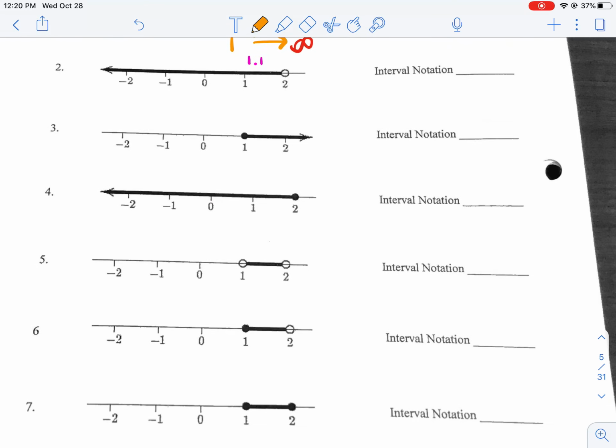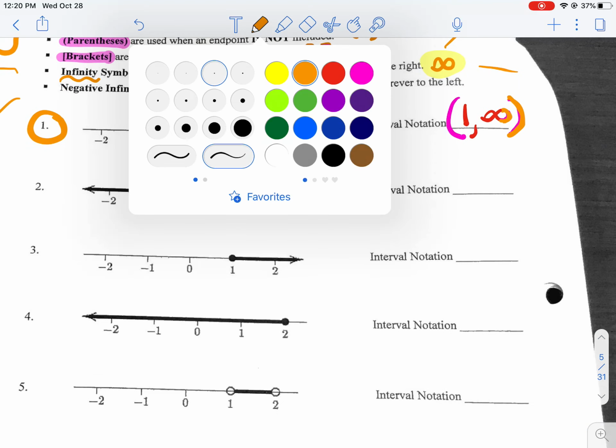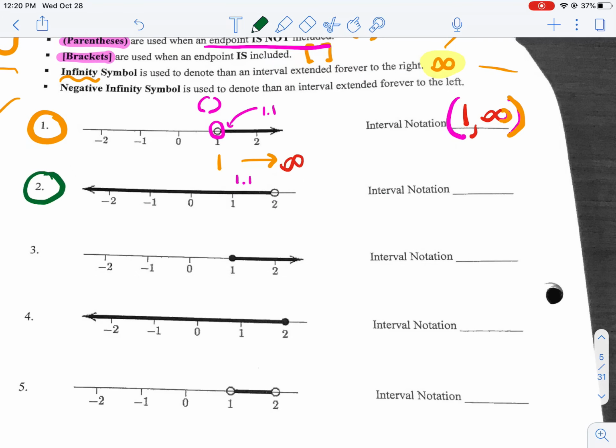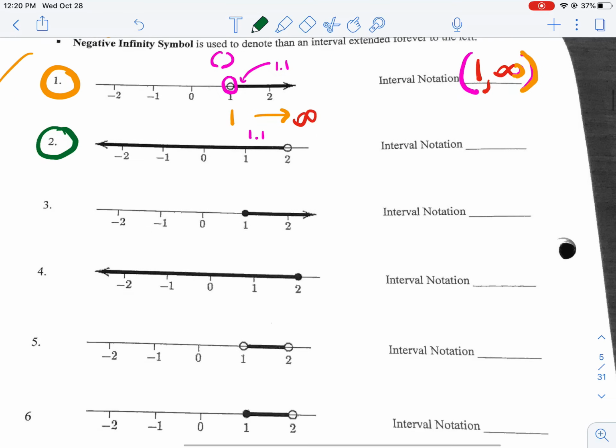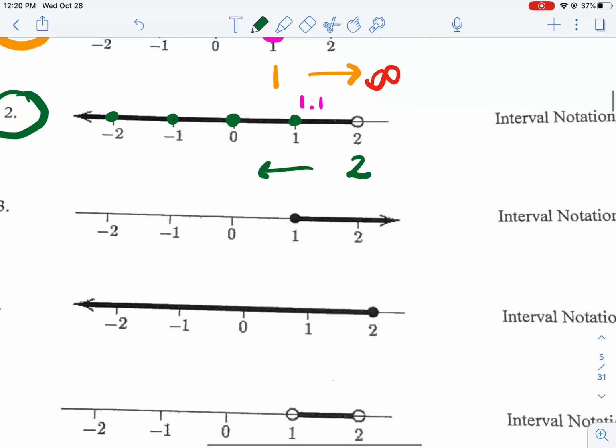I'm just going to go down and do a few, and then we'll give you some to do for homework tonight. In example 2, we're ending at 2. If I keep going left, left, left, all these numbers are getting more and more negative.